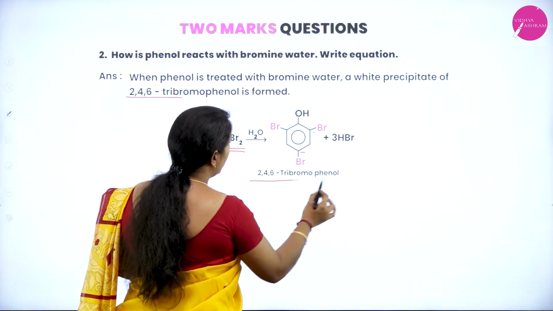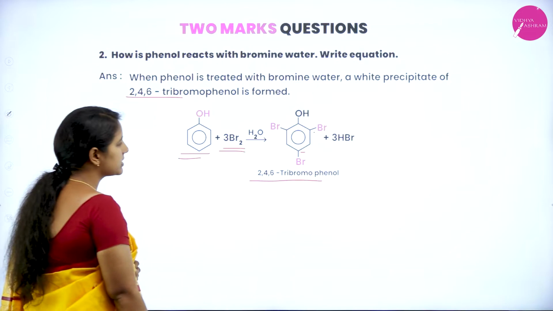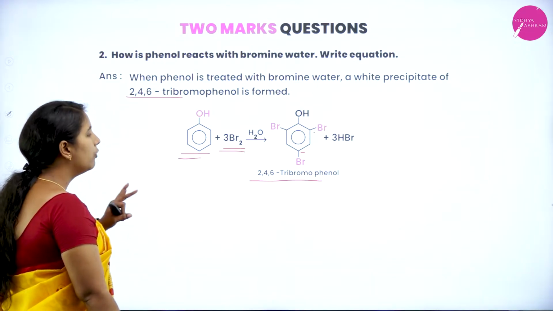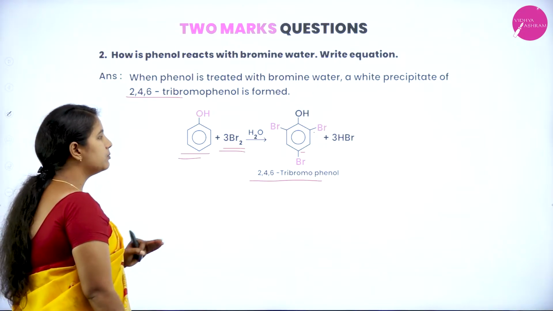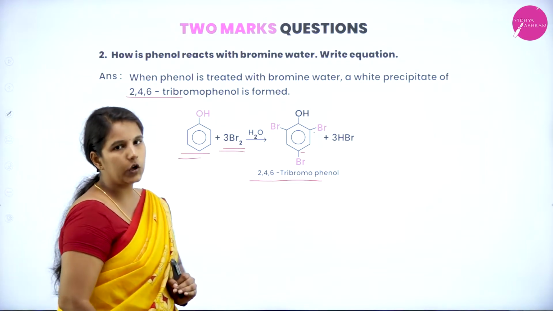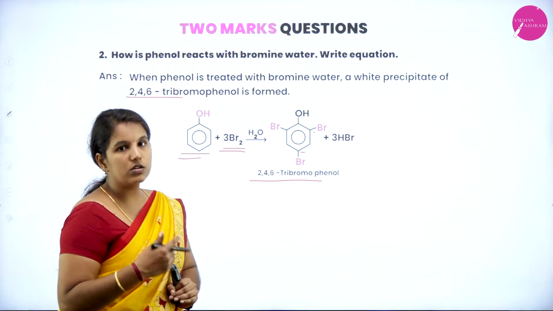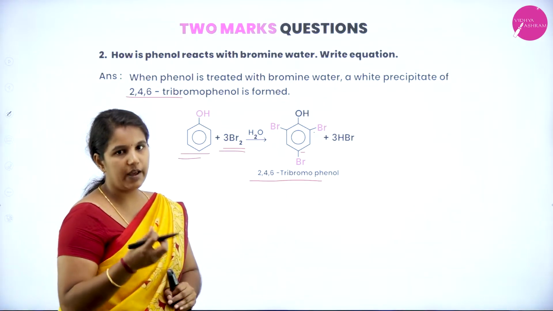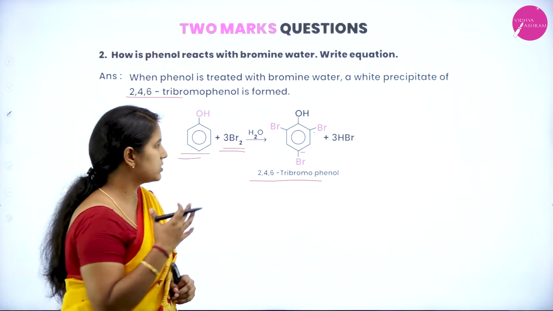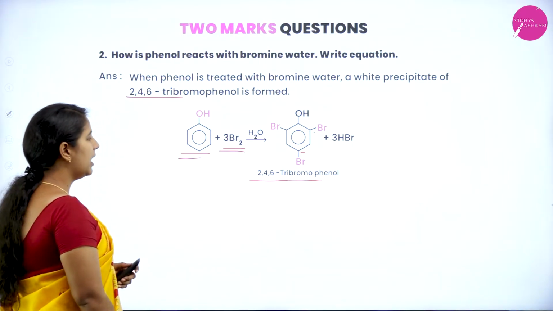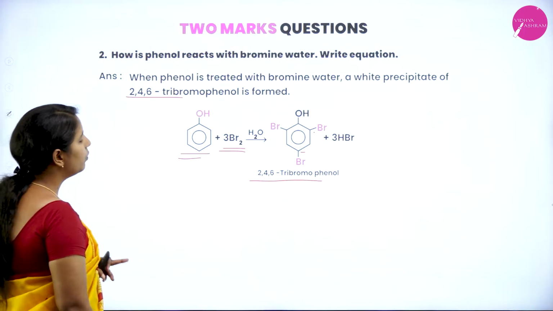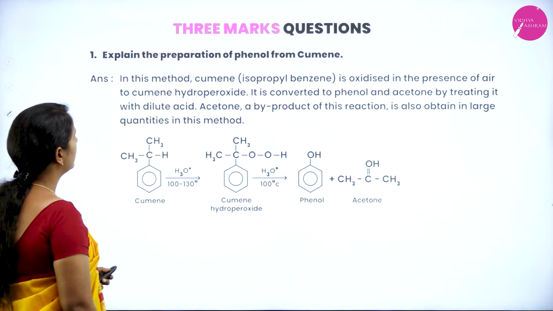Thereby it forms 2,4,6-tribromophenol, where all the halogen atoms are substituted at the ortho and para positions. So this is also known as what? Halogenation, where the halogens attack the ortho and para positions. And this is a white precipitate.